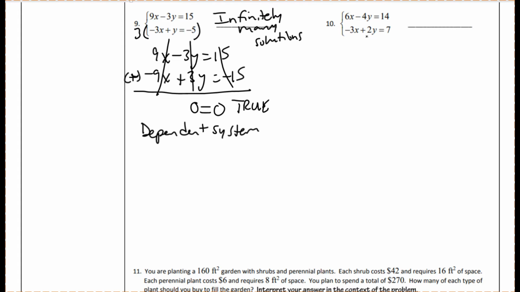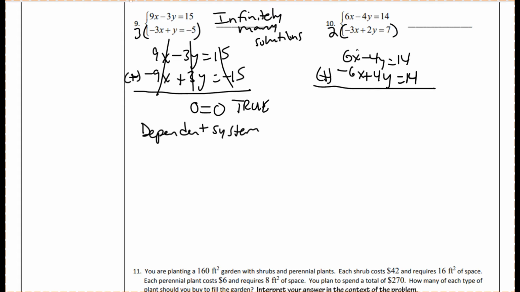All right, for number 10, it looks like we can multiply the bottom by 2 in order to eliminate the x. So we have 6x minus 4y equals 14. Negative 6x plus 4y equals 14. So I can add the equations, and that will get rid of the x here.